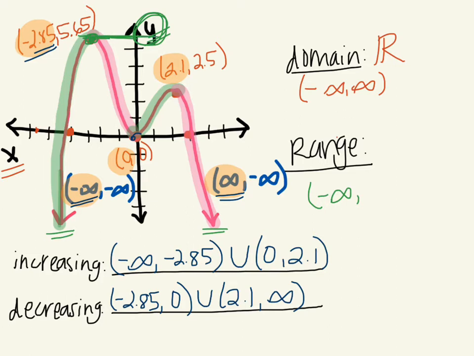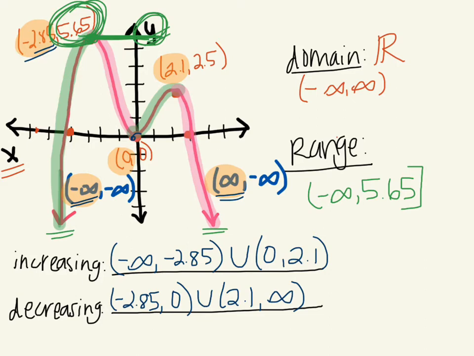In this case, it's right here. Now, since we're talking about range and range are your y values, the highest value that your y coordinate could possibly reach is 5.65. Now, the graph does actually hit 5.65. It does equal that for your y coordinate, so we put a square bracket on that.